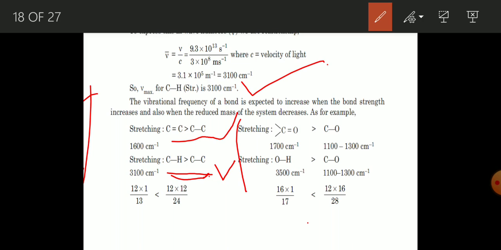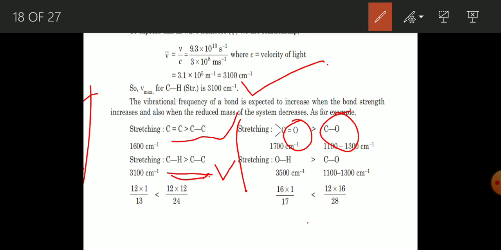The same thing, next: the stretching frequency of the CO carbonyl group is greater than that of C single bond O, because the force constant of the carbonyl group is more, while in C single bond O the force constant K is less, so the strength of the bond is poor. That's why the vibration frequency is less.